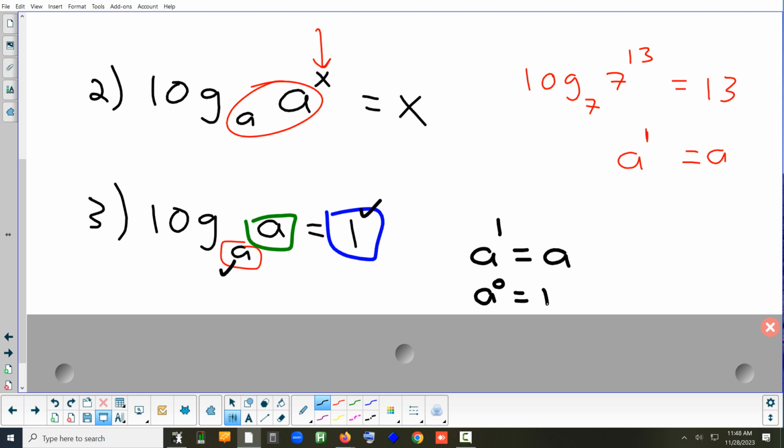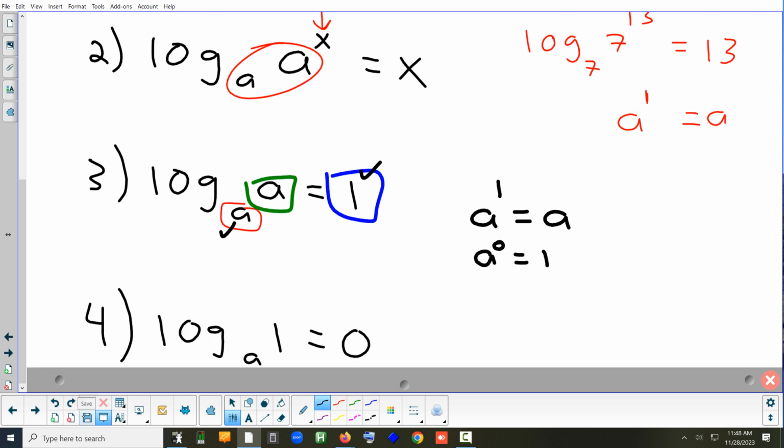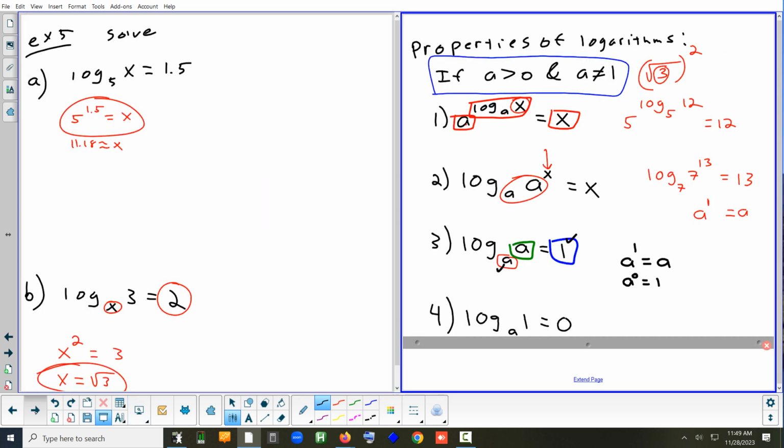And the 1 is what's all by itself. And what's by itself is called the argument. And that's exactly what that is. A is the base, logarithm equals the exponent, and the argument is what was by itself. So property 4, anything to the 0 power is 1. Any question on the special properties?